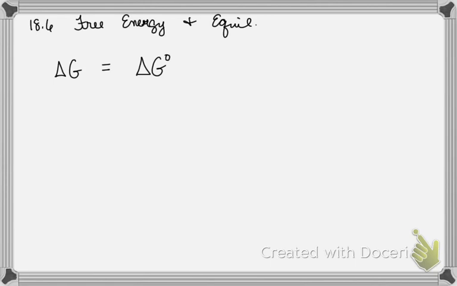And so these two values are not the same, okay? When you're talking about a standard state, you might recall that has to be 1 atmosphere pressure. That means all the gases reacting are at 1 atmosphere. It has to be carried out at room temperature, 25 degrees Celsius. And it also means that everything has to be 1 molar concentration.